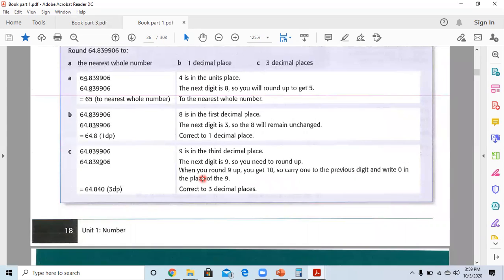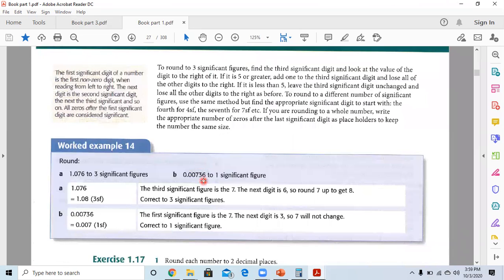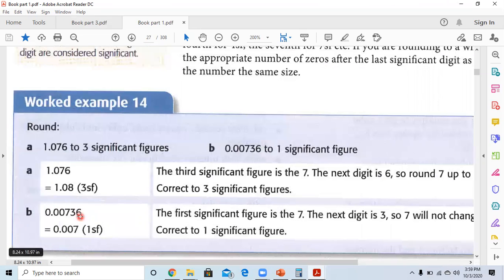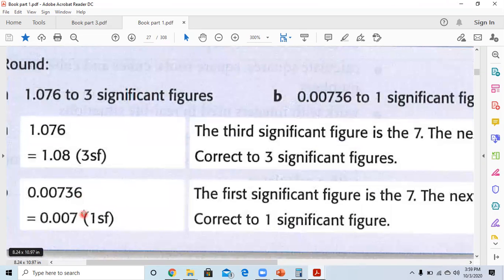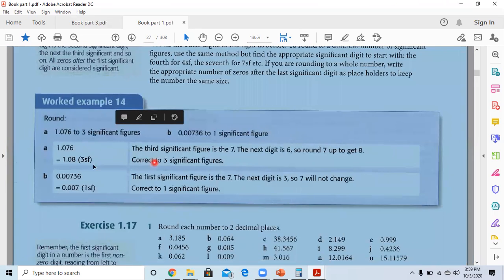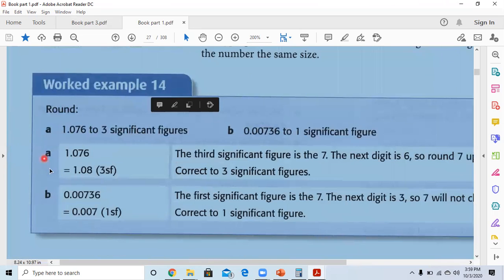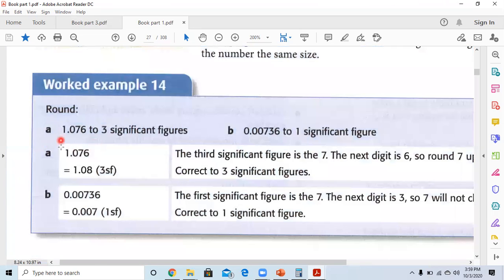So like that we are solving our exercise today. Here is the second example. Let's check. Here he gives us a question, part A: 1.076 to 3 significant figures. Significant means in total you have three digits.